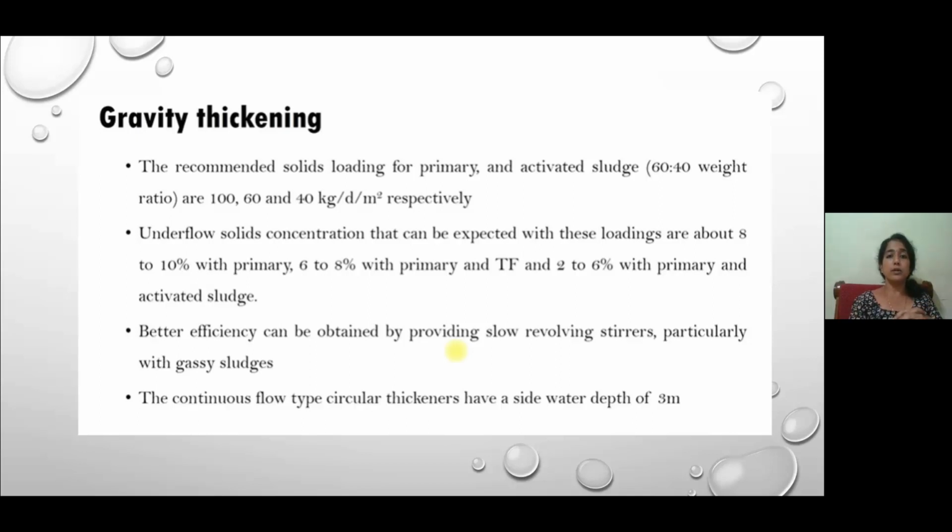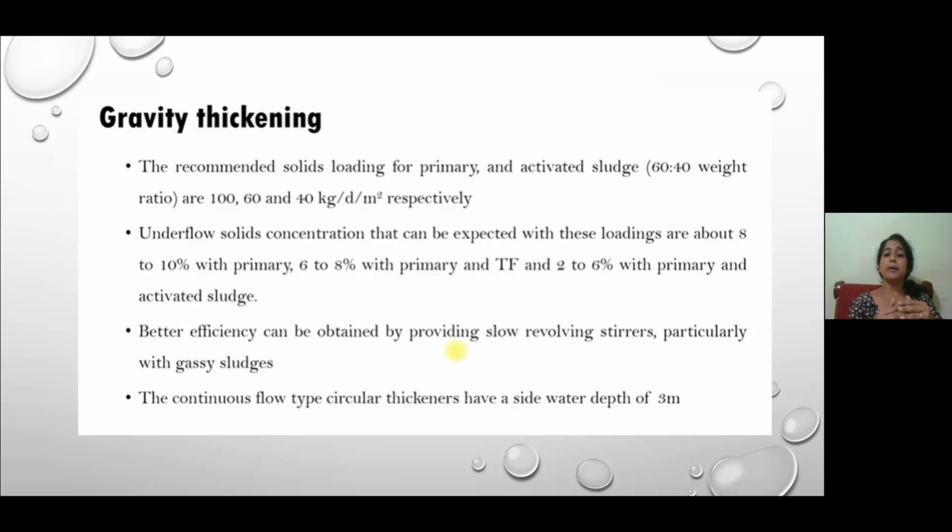The recommended solid loading for primary and activated sludge, that is 60 to 40 weight ratio, is 100, 60 and 40 kilograms per day per square meter respectively. The underflow solid concentration that can be expected with these loadings is about 8 to 10% with the primary, 6 to 8% with the primary and trickling filter, and 2 to 6% with the primary and activated sludge.